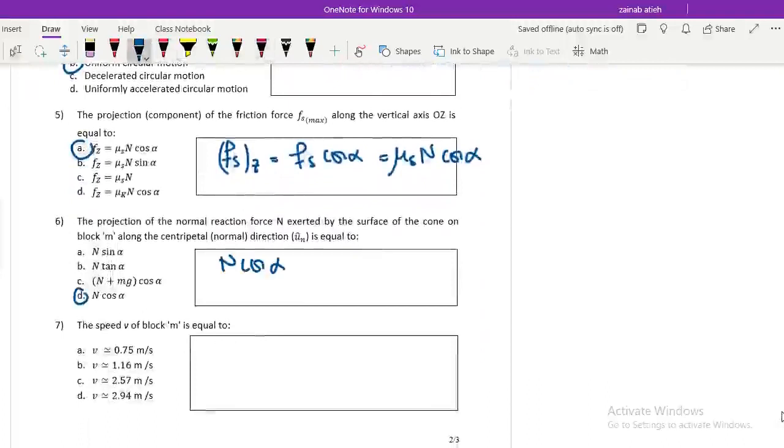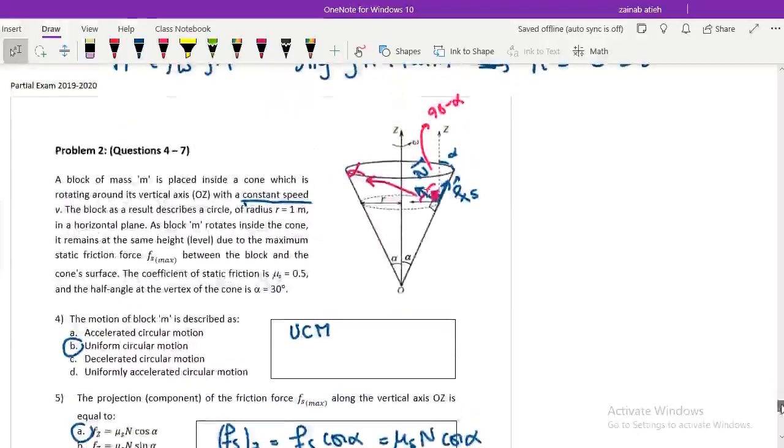In part 7, the speed of the block M is equal to... to find the speed of the block, I have to apply Newton's second law. Okay, I have to find the forces and then try to find the speed. Let me check the forces acting on my block: the normal and the friction, but I have to draw the weight.